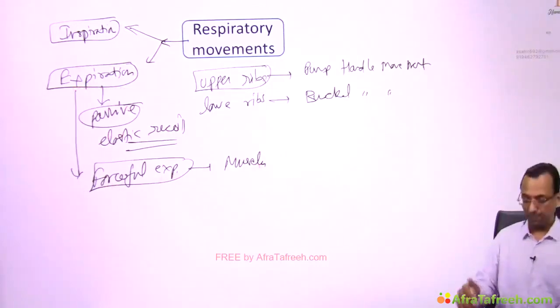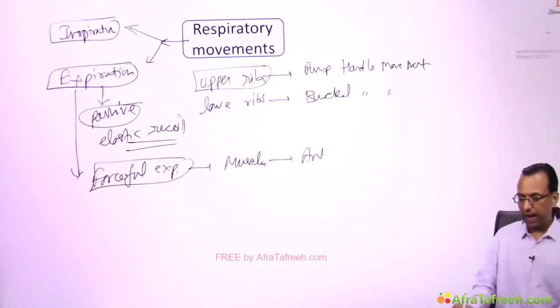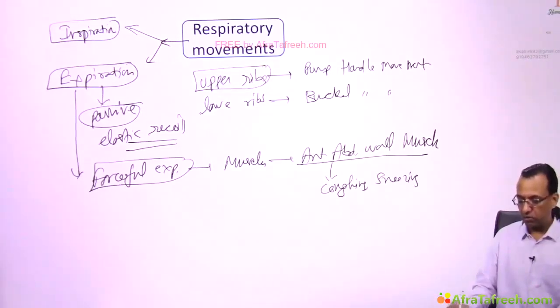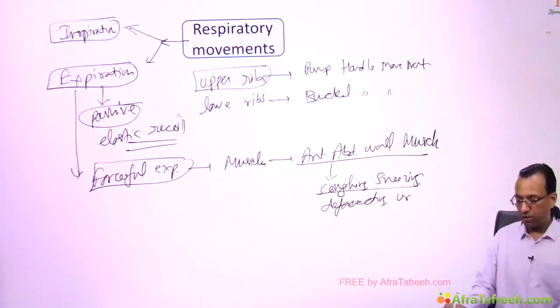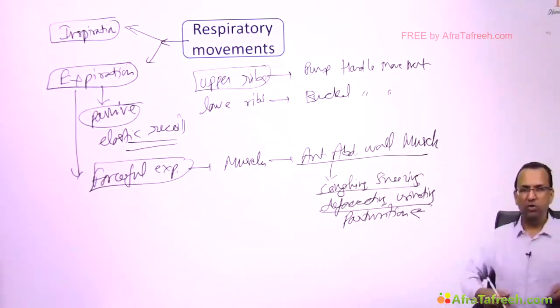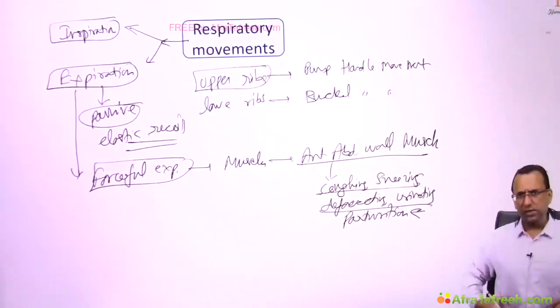Like which muscles? Anterior abdominal wall muscles. Like when? Like when you are coughing, or sneezing, or defecating, or urinating, or in parturition, giving birth to the baby. At that time, you have to contract the anterior abdominals.